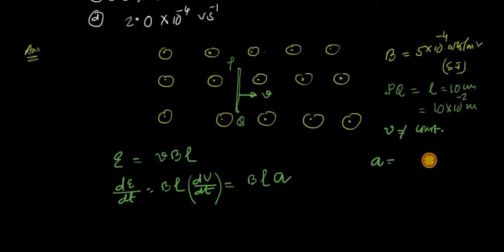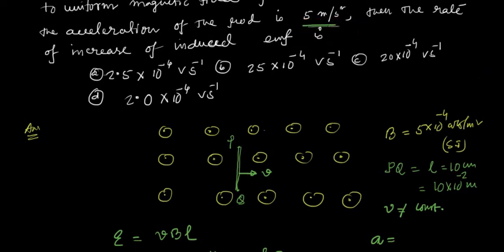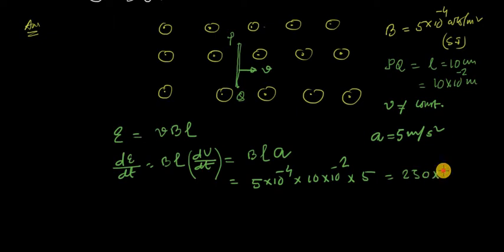And here acceleration is 5 meter per second square. Okay, so a is 5 meter per second square. So putting this value, B is 5 into 10 to the power minus 4, L is 10 into 10 to the power minus 2, and a is 5, so that is 250 into 10 to the power minus 6 volt per second, because this is in volt and in denominator you have seconds.